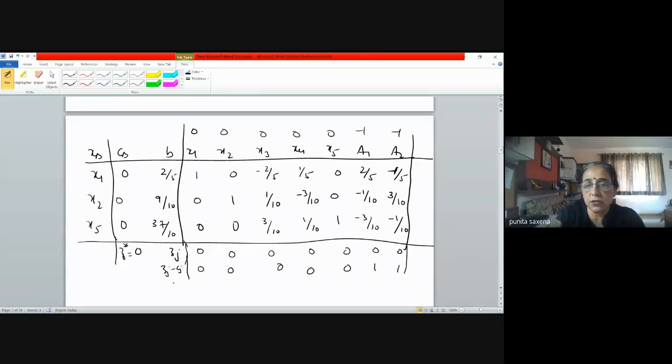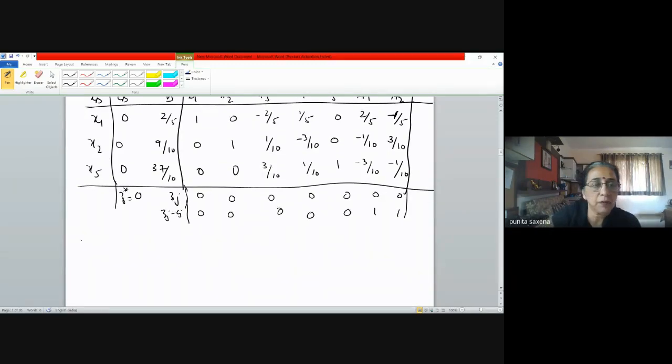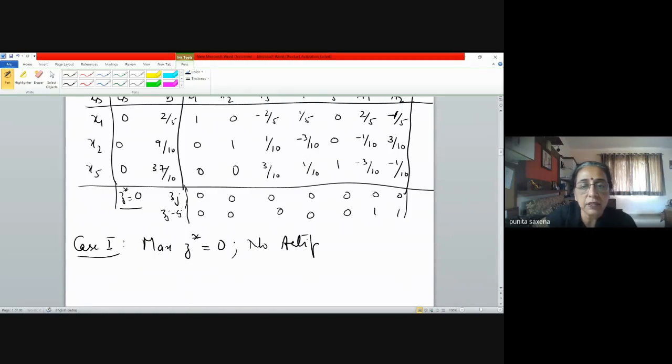If you end up with such a case, I'm writing it as my first case, where maximum Z star is 0, as we have got here, right? Secondly, no artificial variable is present in the basis.